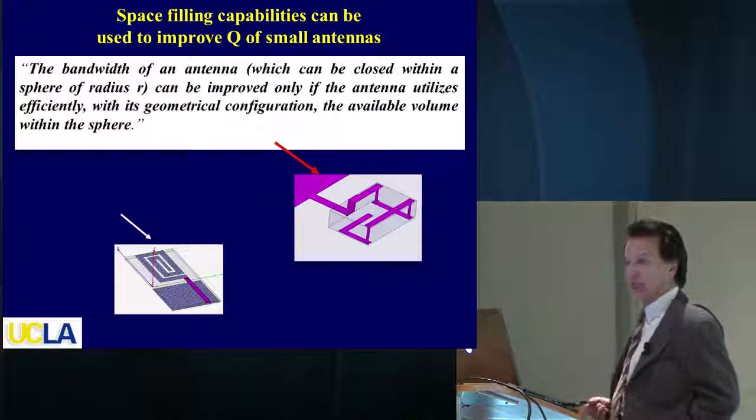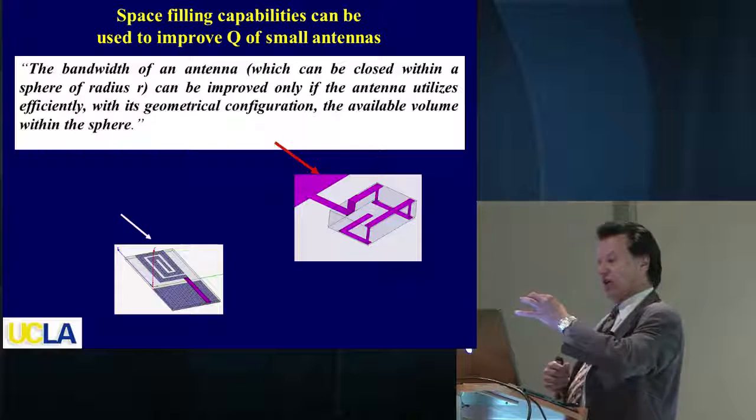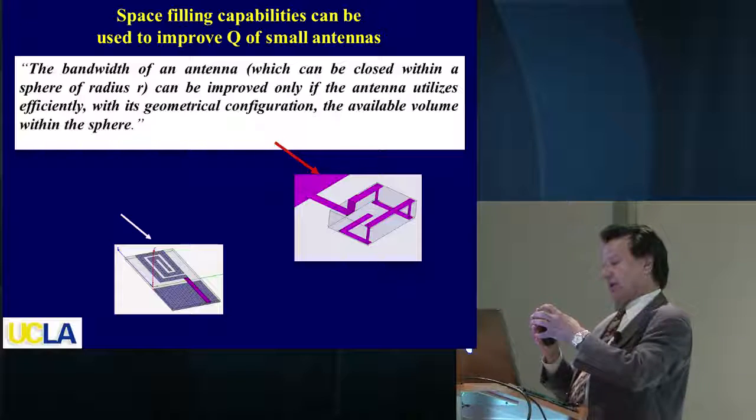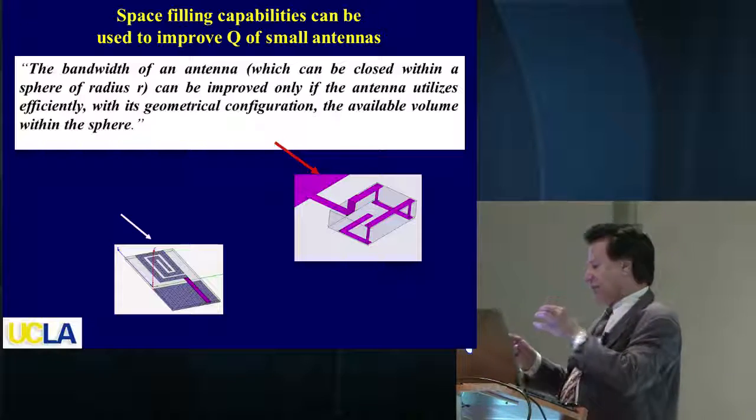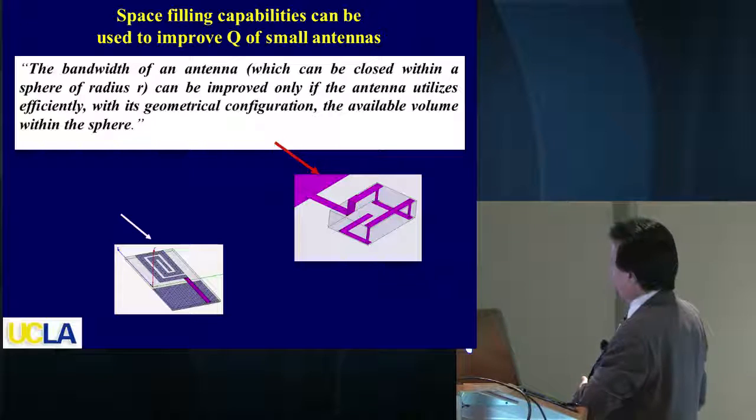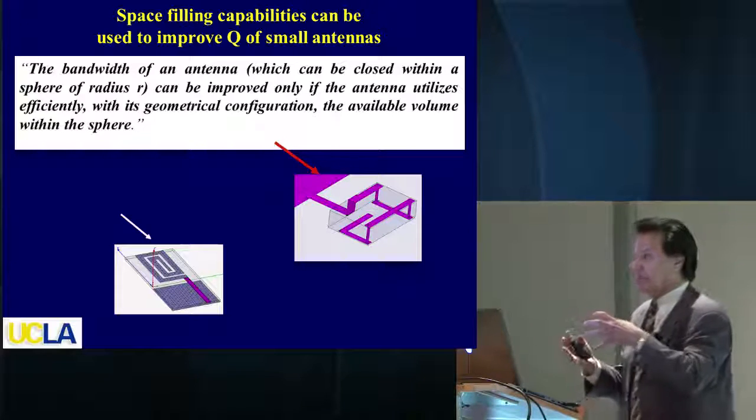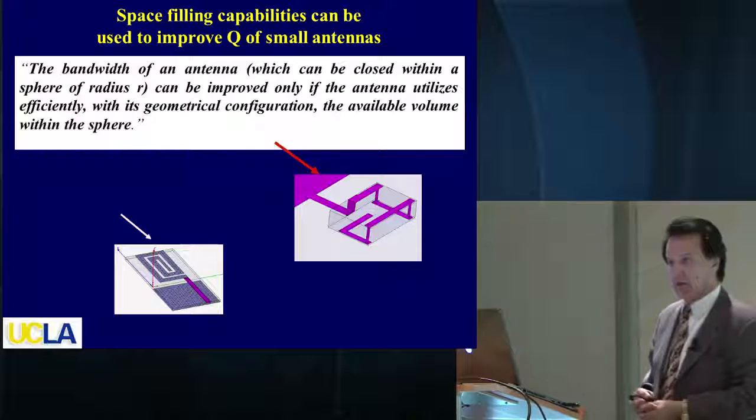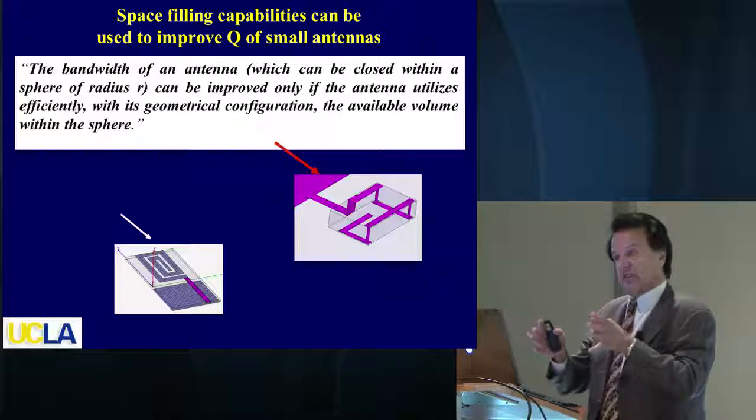In other words, if I have an antenna of a given size, I encompass this antenna by a sphere with the radius r. So if this is my flat antenna for my cell phone, from the center to the edge radius r, I put a sphere. You can see that the sphere is not filled in. When that sphere is not filled in, it reduces the bandwidth.